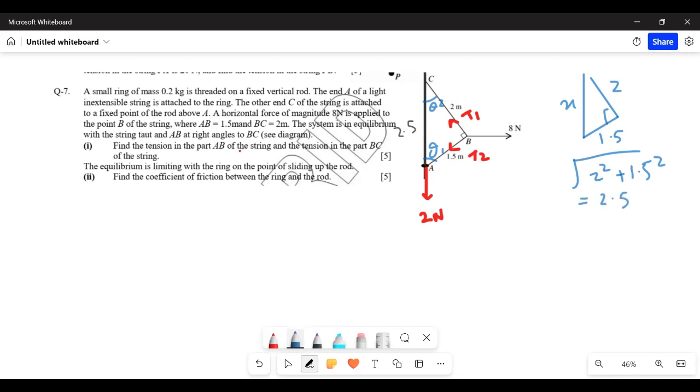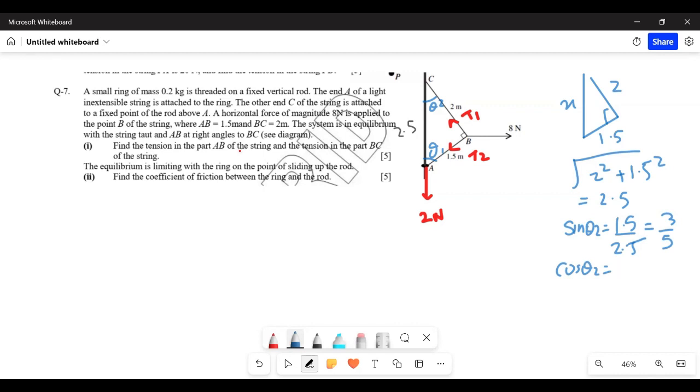Now, sine theta 2 is going to be perpendicular over hypotenuse, so opposite over hypotenuse. 1.5 over 2.5 gives 3 by 5. Cos theta 2 is going to be base over hypotenuse, or adjacent over hypotenuse.